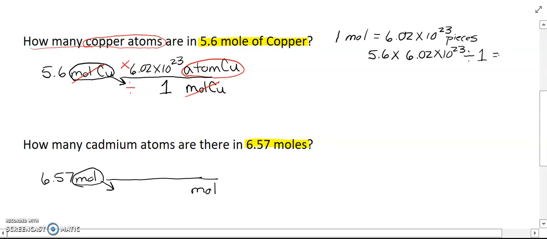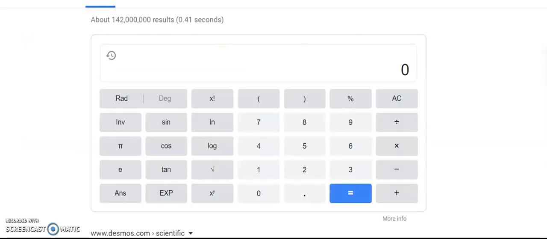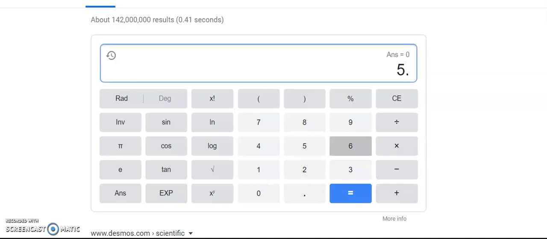But let's take a minute and see how this looks in the calculator. So here's my Google calculator. And in my Google calculator, there is a button that we are going to use called the EXP button. I am going to take this 5.6, hit times, and hit 6.02. But here's where my button comes in.